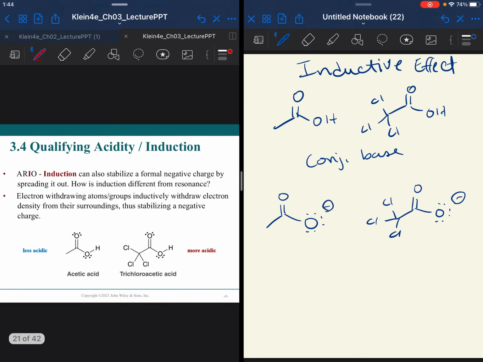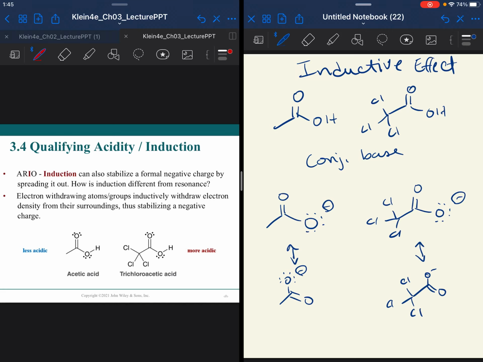Both of them can form a resonance structure, but just one, right, where the negative charge is on the other oxygen. So we'll just draw those out real quickly. Right, negative charge on the other oxygen, and we have chlorines. All right, so A and R don't help us.